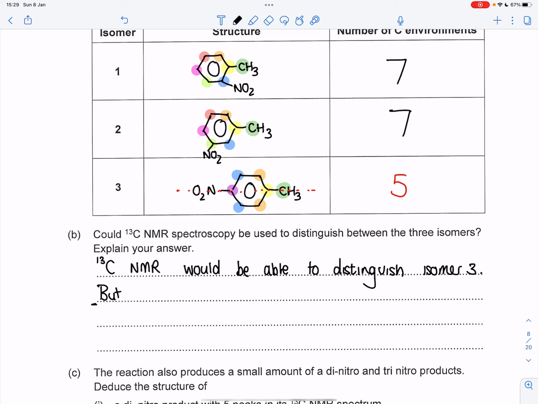But isomers 1 and 2 have the same number and type of carbon environments, and so just like our previous question, we wouldn't be able to tell them apart.